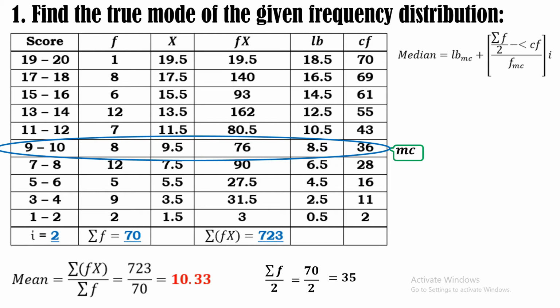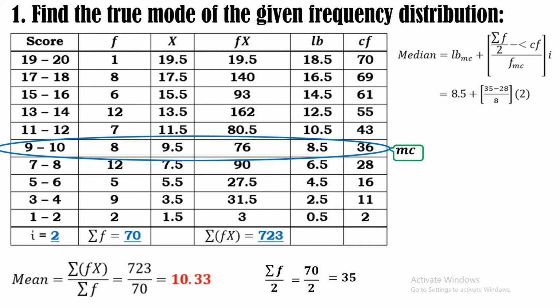By substitution, the lower boundary of the median class is 8.5 plus summation of f over 2, that is 35, minus less than CF, the number below the CF value of the median class. So it's 28, divided by the frequency of the median class, that is 8, times the class size, which is 2.